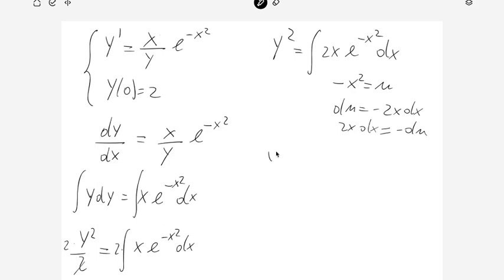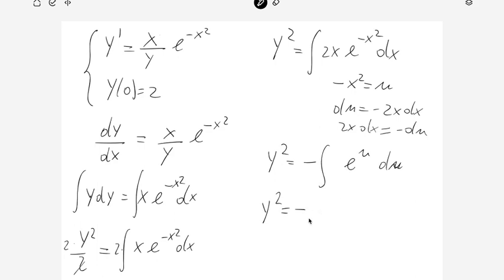And I obtain y squared is equal to minus the integral of, minus because it is minus du, du here, and then e to u, the exponential. Because minus x squared is equal to u, so e to u, and 2x dx is minus du. So I have all the terms. Well, the integral of the exponential e to the u is e to the u, the same.